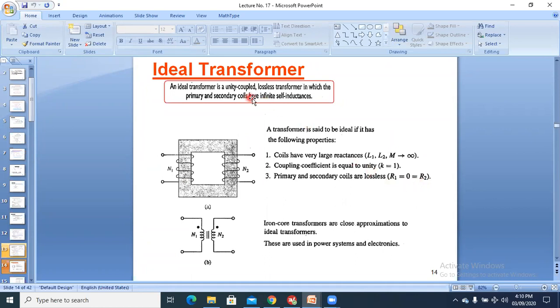And the values of inductance of the three coils, L1, L2, and the mutual inductance, all these reactances are infinite.